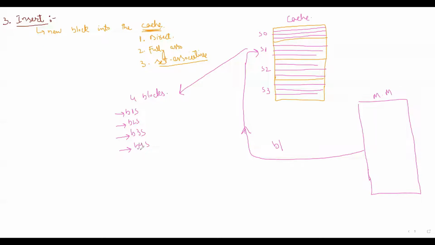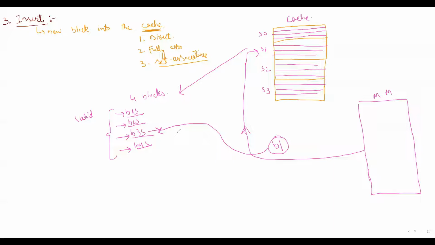So in which block will we place it? We will see which one of these 4 blocks is empty. How will we see that? We will check the valid bit. We will check the valid bit of the first block, the second block, the third block, and also the fourth block. Let's suppose B3 is empty. Then we will place this B1 at this particular block.